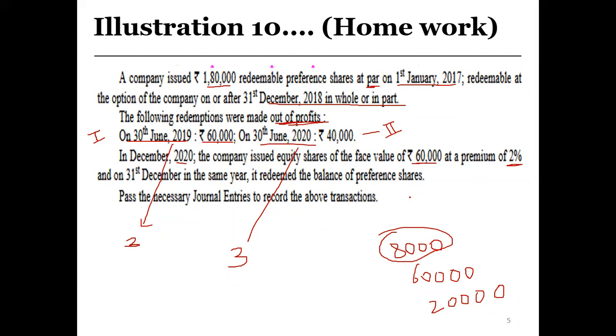Whereas for the third part of redemption, you have to pass 4 entries. First entry will be of transfer of claim. Second, issue of equity shares. Third, creation of CRR. And finally, claim settlement. I hope you are able to do this problem at your home. If you have any problem, please ask. Yes, sir. Thank you.